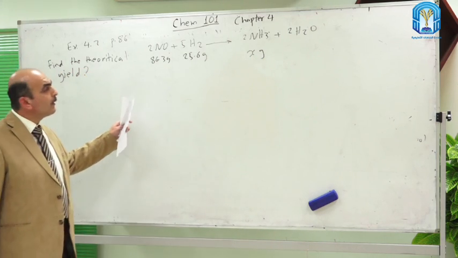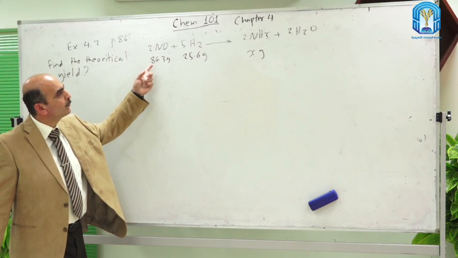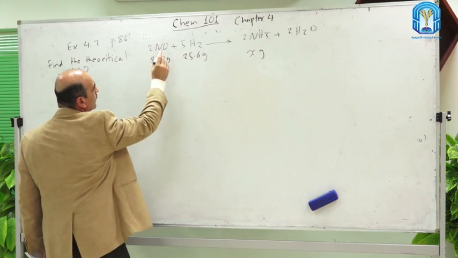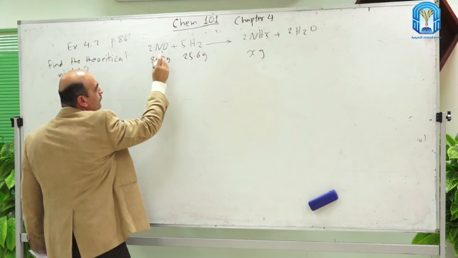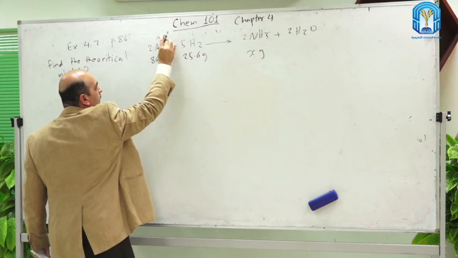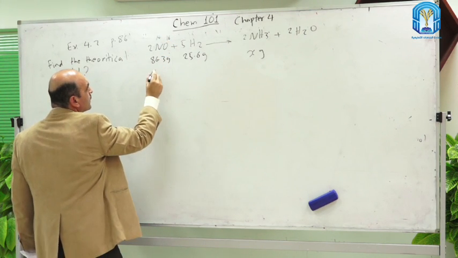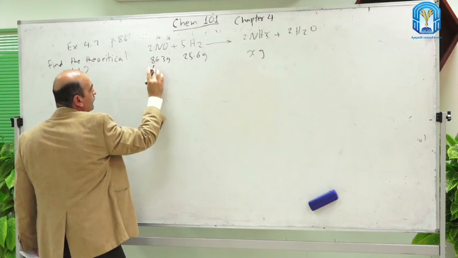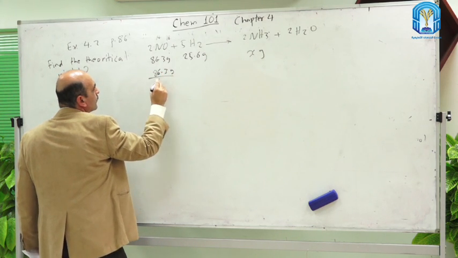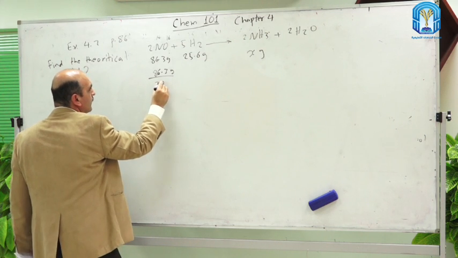So same thing here, we have to convert the mass into moles, grams into moles, by dividing it by the molar mass. The nitrogen is 14, the molar mass of oxygen is 16, the total is 30. So 86.3 divided by 30 gram per mole.